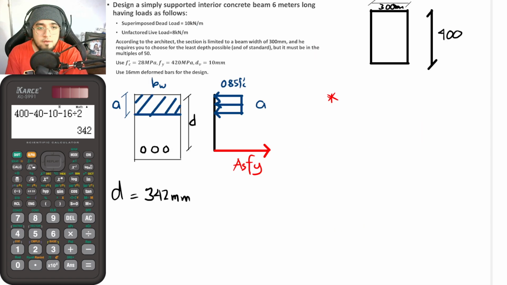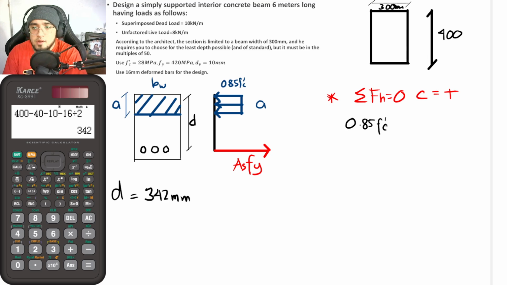So summation of forces horizontal is equal to 0, whereas compression is equal to tension. So the resultant of this block here is 0.85 F prime C, A, B sub W, is equal to As Fy.